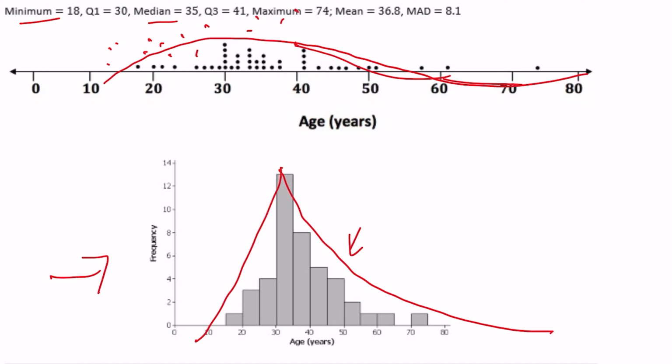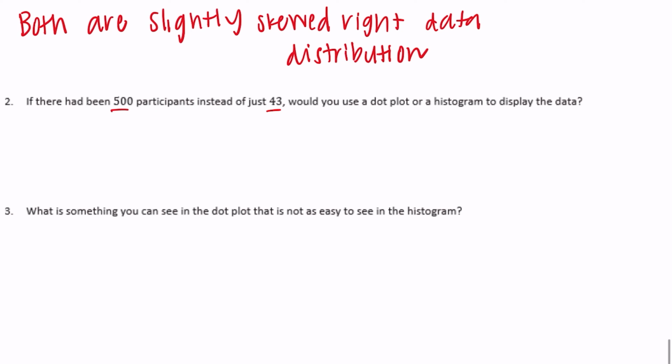Whereas with the histogram, if there were like 25 instead of 13 or 14 there, we could just make it bigger. So it would be a lot easier to plot everything in a histogram than it was here in the dot plot. So I would use a histogram.